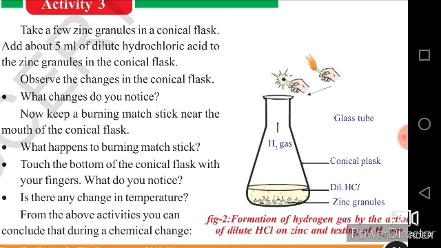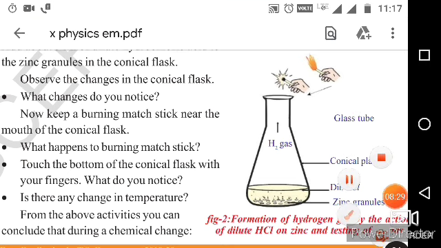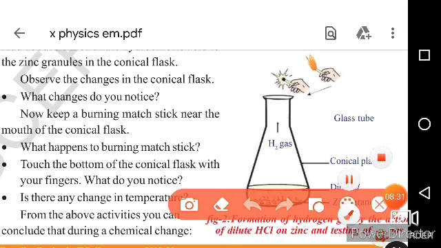After adding, the zinc granules react with the acid and form hydrogen gas. From the picture we can see the hydrogen gas shown with an arrow mark. From this figure, H2 gas is indicated by an upward direction.